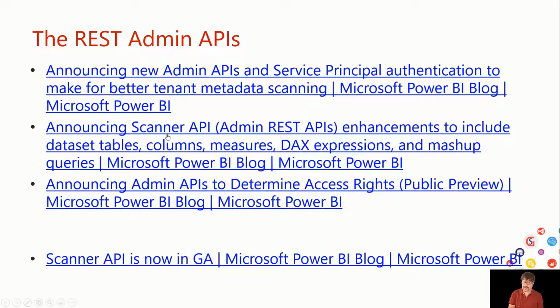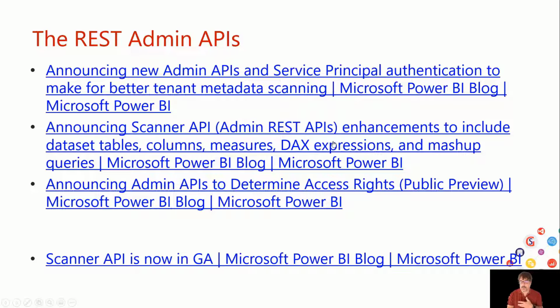This is really important if your environment grows and you want to see what is inside the dataset. You are not accessing the data itself, it's just the metadata: what DAX expressions are used. If you want to provide detailed information about your DAX expressions, then this has to be enabled inside the Power BI Service admin.